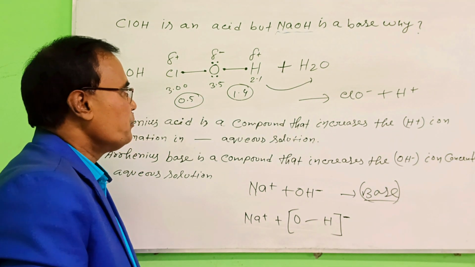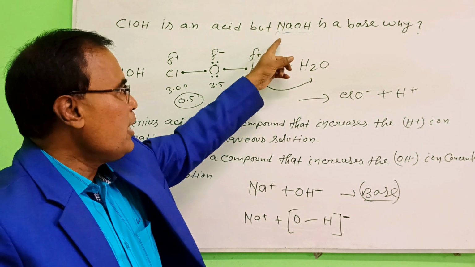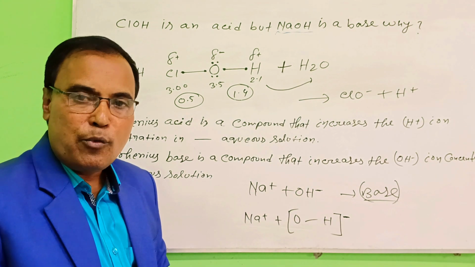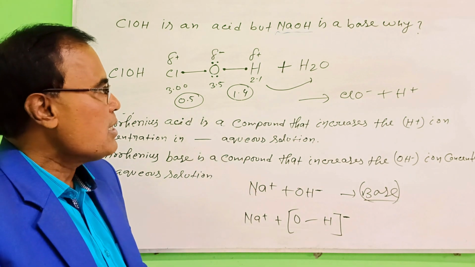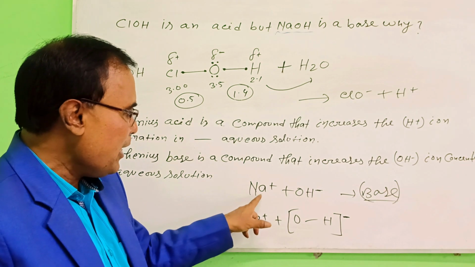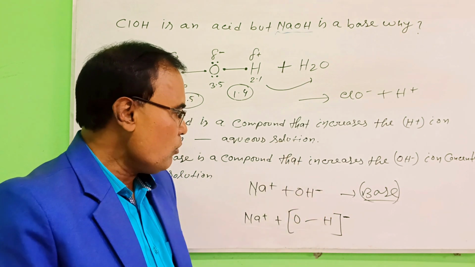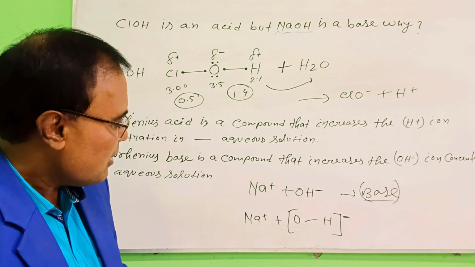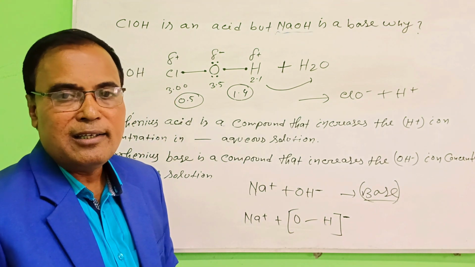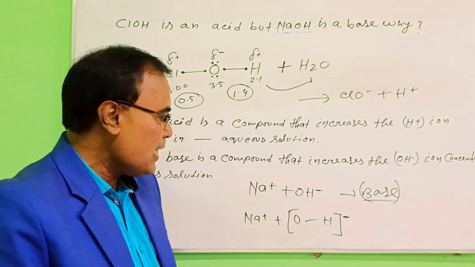On the other hand, another compound is NaOH. As you know, NaOH is an electrovalent compound, that means an ionic compound, because sodium has transferred a single electron to the OH radical. This is why Na is plus and OH is minus. If you look in more detail, oxygen and hydrogen are bonded by sharing electrons, which builds the OH ion.